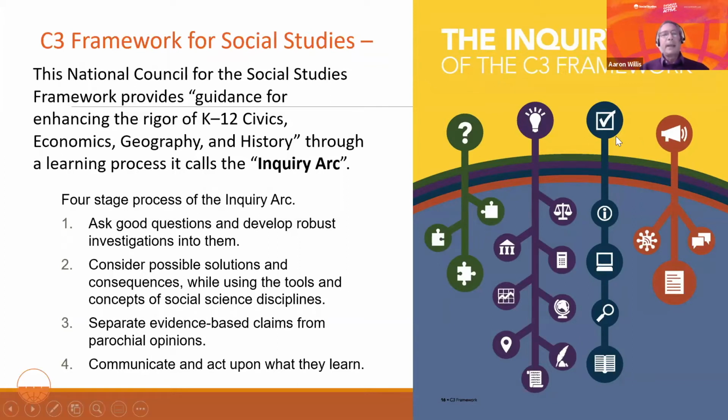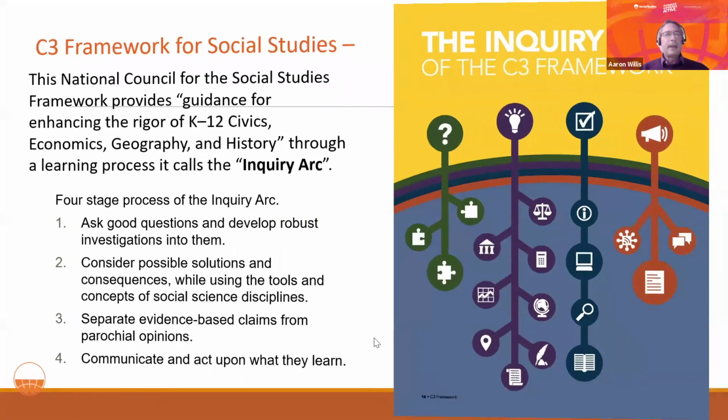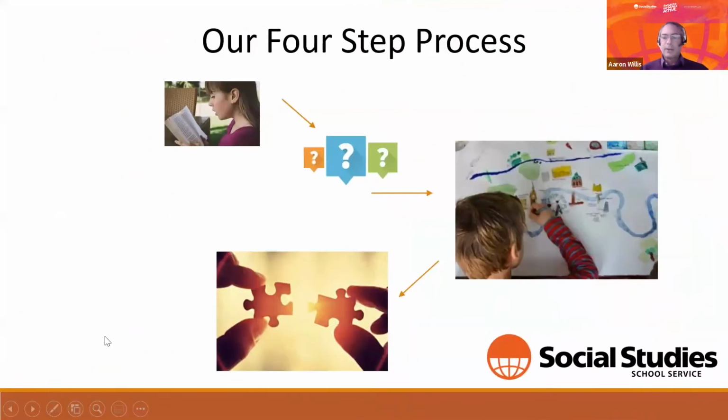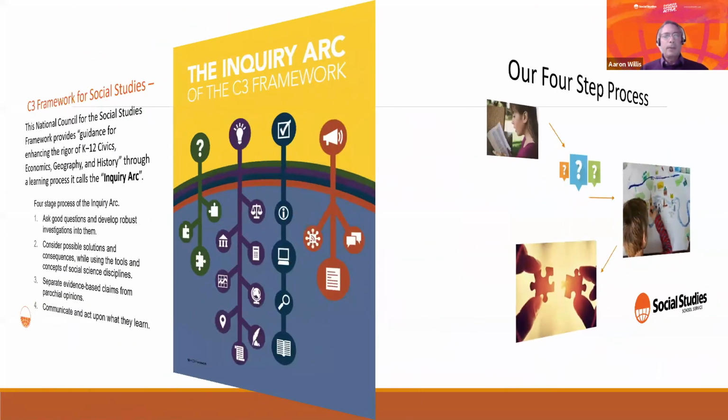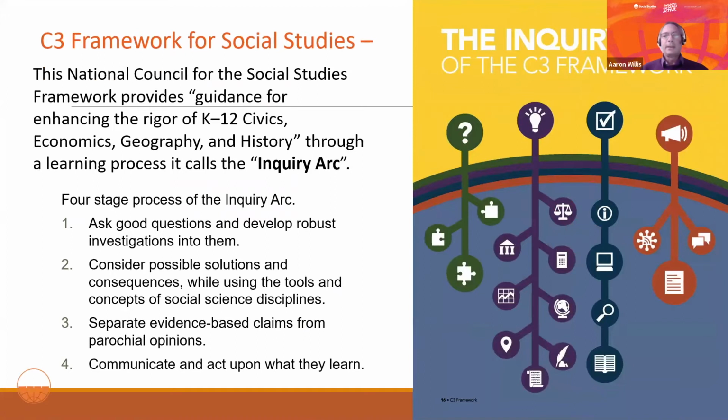In the third dimension, we get to the concept of checking sources, and we want to understand there specifically this notion of evidenced versus parochial information. The fourth area is communicating conclusions and taking informed action.